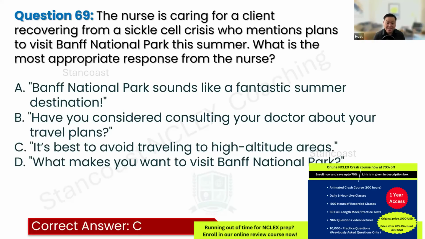While the statement is supportive, this response misses an opportunity to educate the client on the risks associated with high altitudes. B is also incorrect because delegating the concern to the doctor is unnecessary when the nurse can provide direct guidance on the risk of high altitude travel.